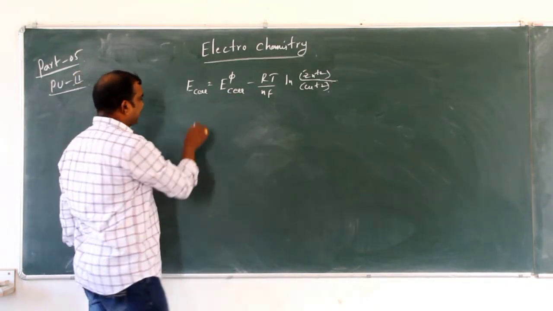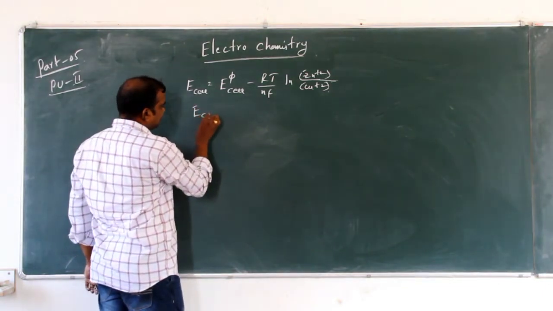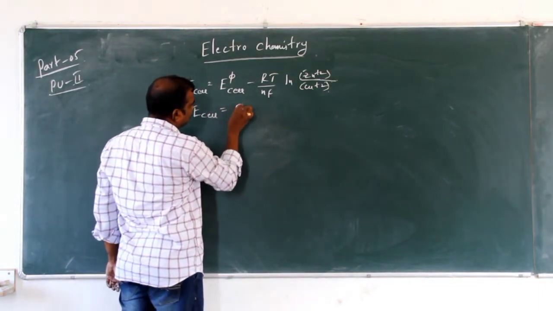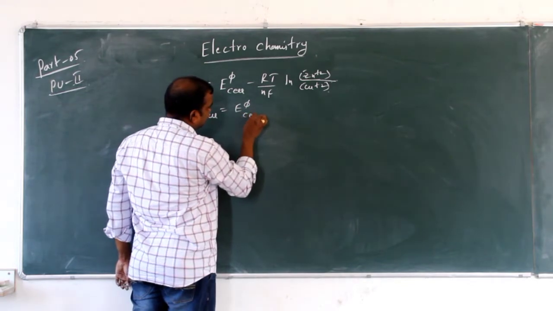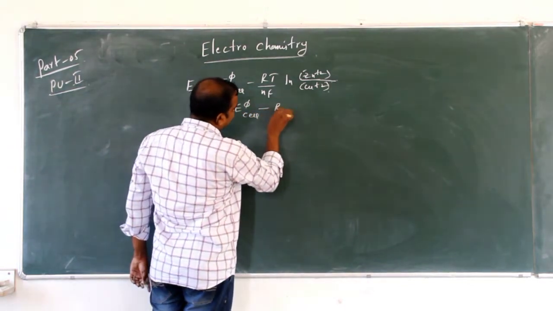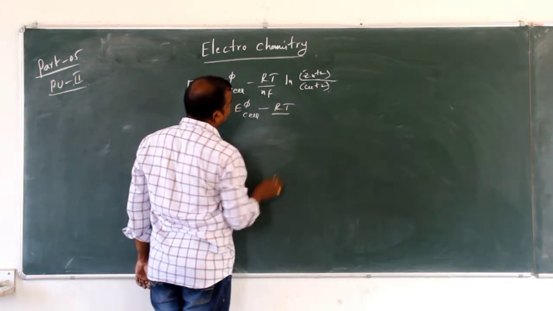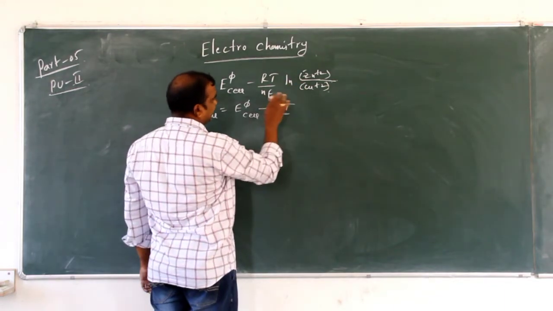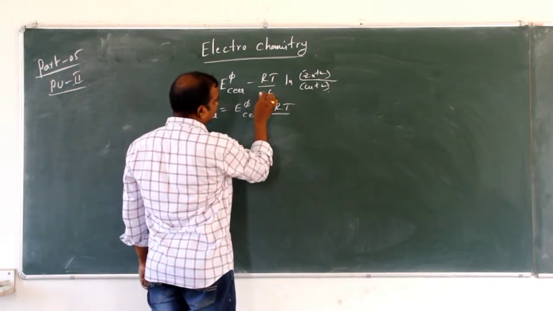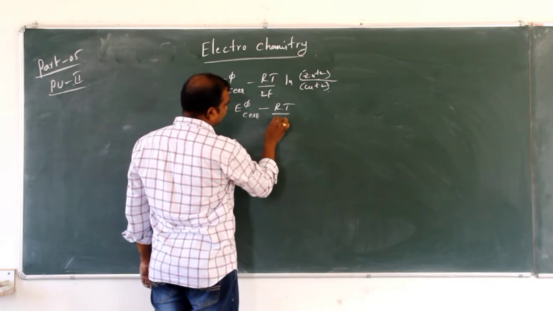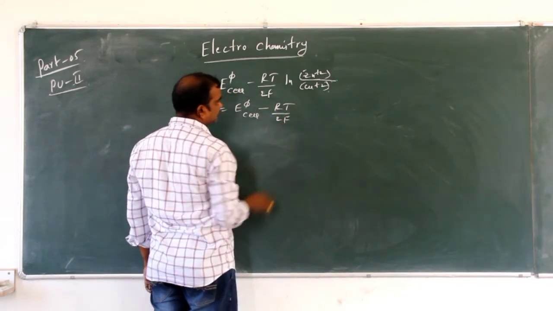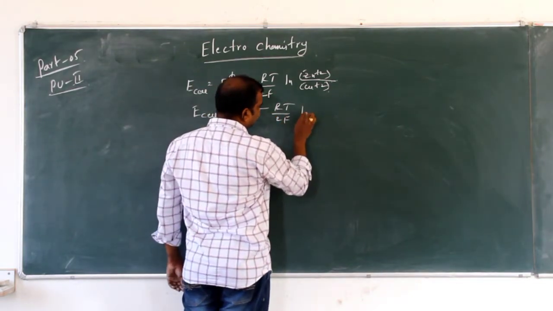Generally you can write the Nernst equation as E cell is equal to E naught cell minus RT by nF ln. For the Daniell cell, n becomes 2, so RT by 2F ln.